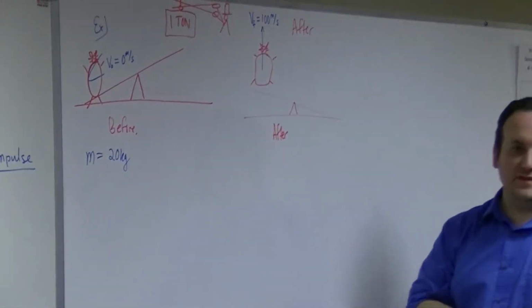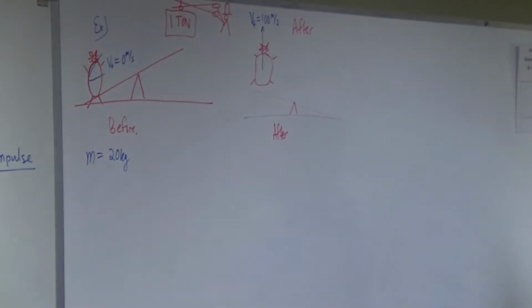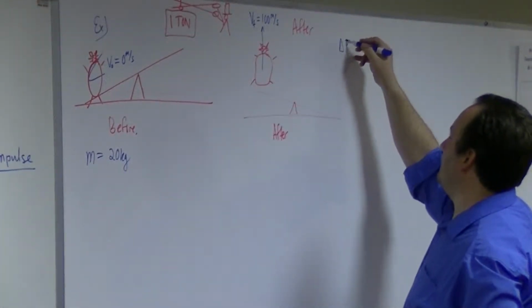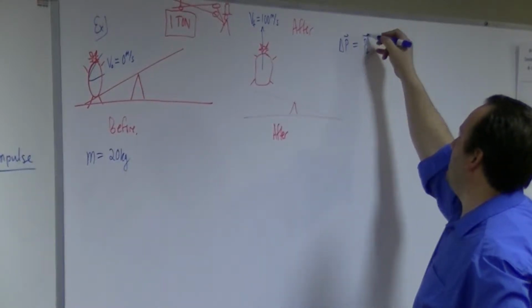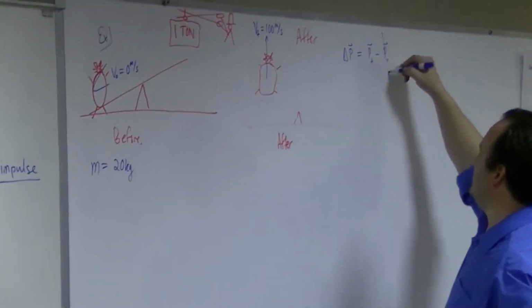So then you can ask, what's the impulse that the catapult puts on the cat? The change in momentum would be the final momentum minus the initial momentum, right? But the initial momentum is 0.